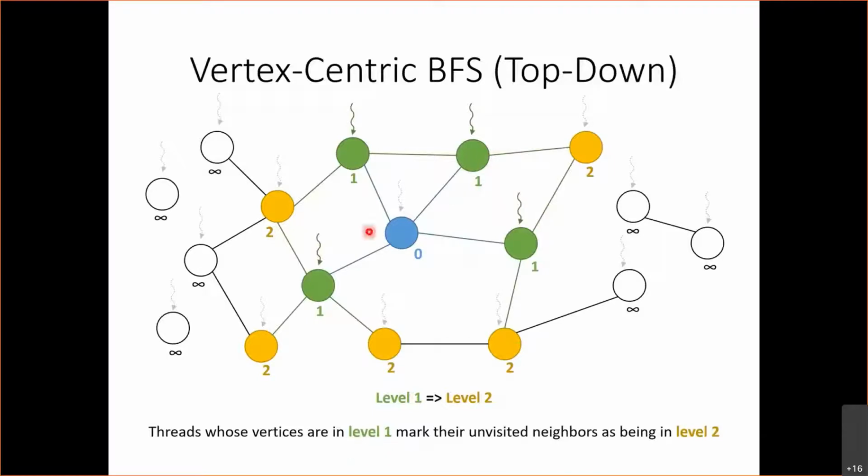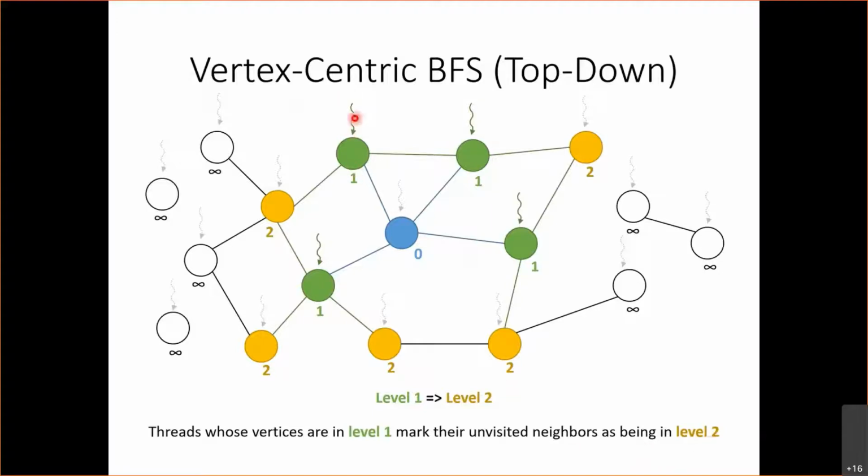Here, these 4 threads over here are the ones that will find that the vertex they own is in level 1. For these vertices that are in level 1, the thread is going to loop over the neighbors of these vertices. And if the neighbors are not visited, it's going to mark the neighbors as being part of level 2.